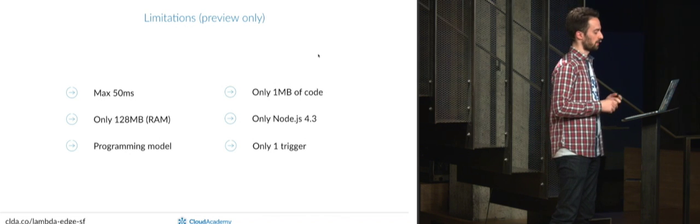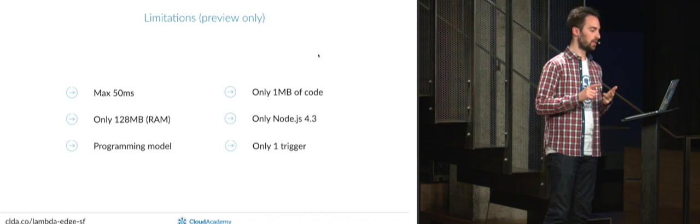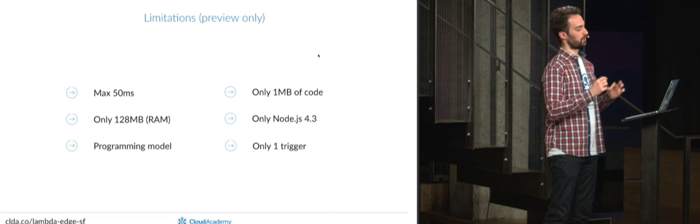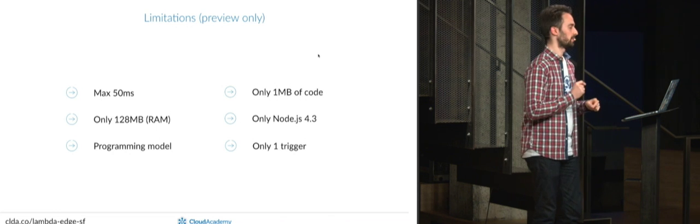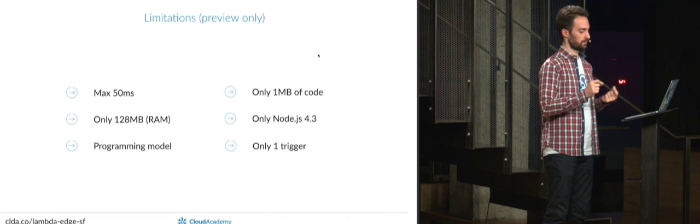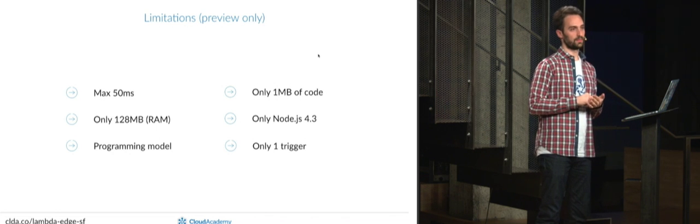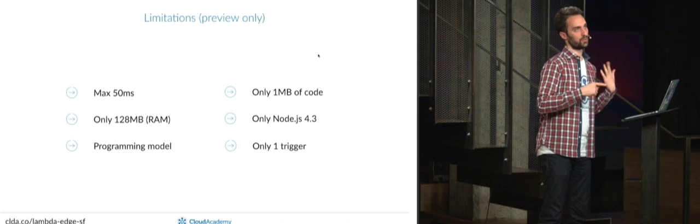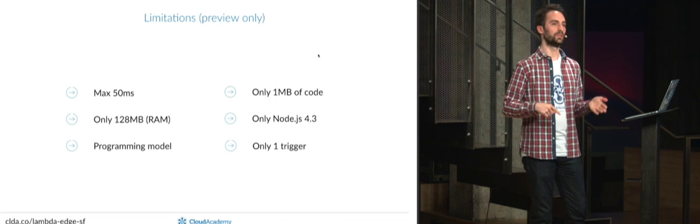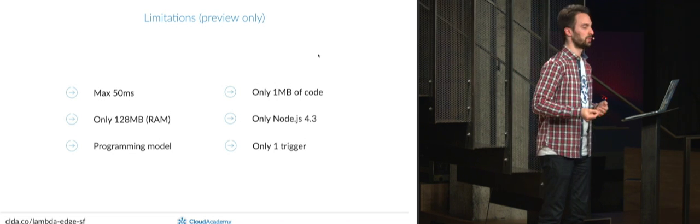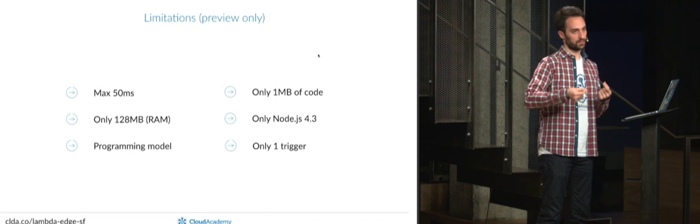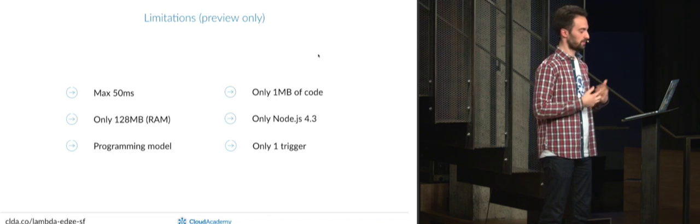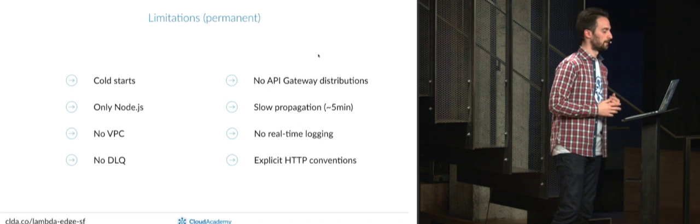And as I mentioned already, you can only have 1 trigger. And the programming model is slightly different, meaning that for now, at least, when you test your code in the Lambda console, with respect to when that same code is executed at the edge, you will have slightly different results because of stupid little conventions, but they will disappear.